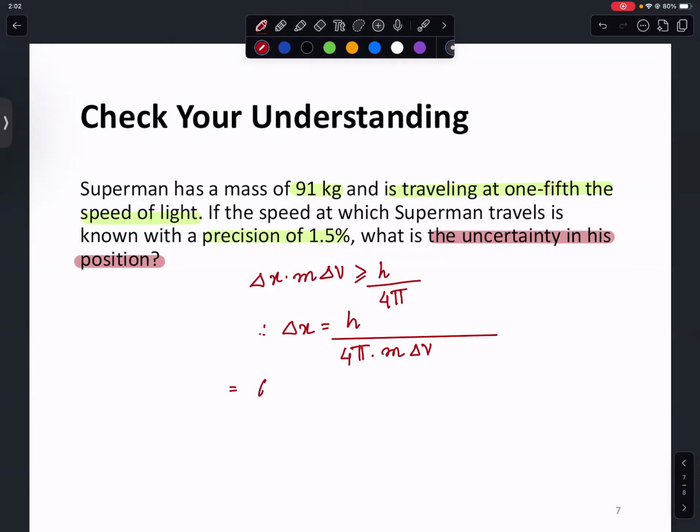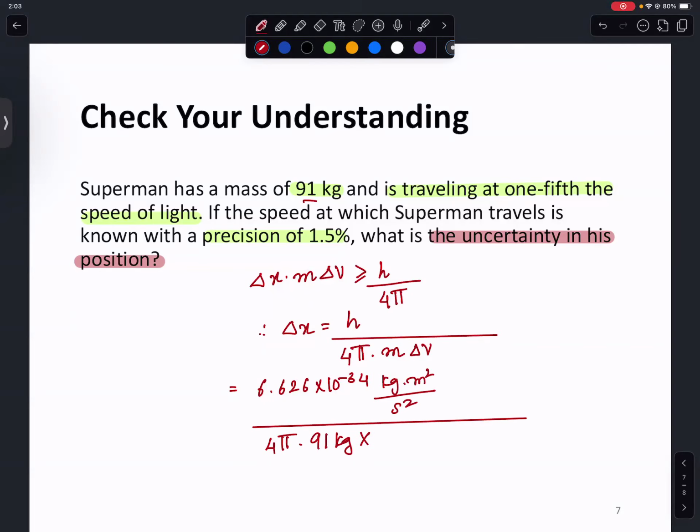And we know that Planck's constant is 6.626 times 10 to the negative 34 kilogram meter squared per second, divided by 4 pi times the mass. The mass here is 91 kilograms, times, now Superman travels at 1/5 of the speed of light.